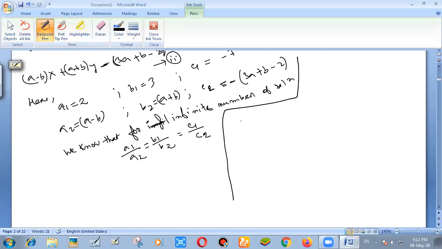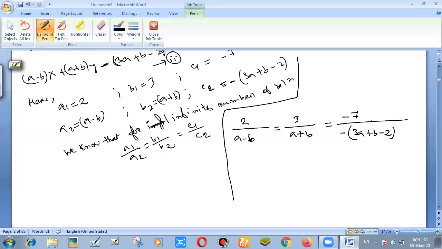That means what is the value of a1? 2. What is the value of a2? a minus b. What is the value of b1? 3. What is the value of b2? a plus b. What is the value of c1? Minus 7. And what is the value of c2? Minus of 3a plus b minus 2. Now see, minus sign and minus 1 will get cancelled, yes or no?